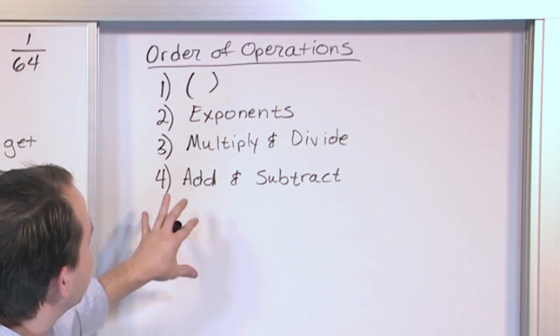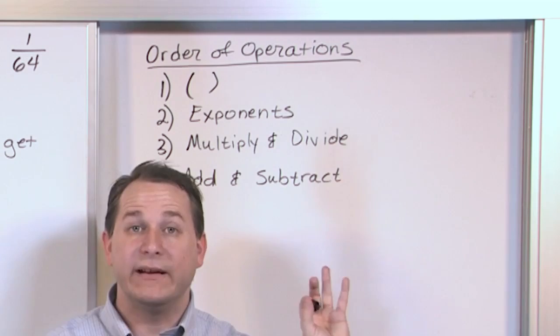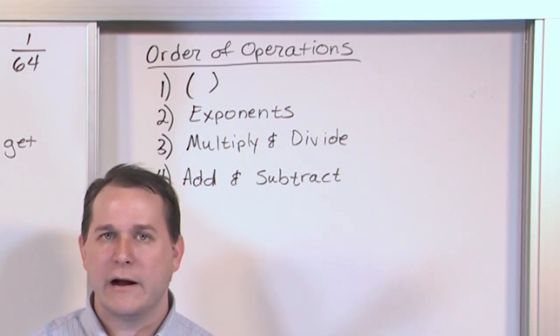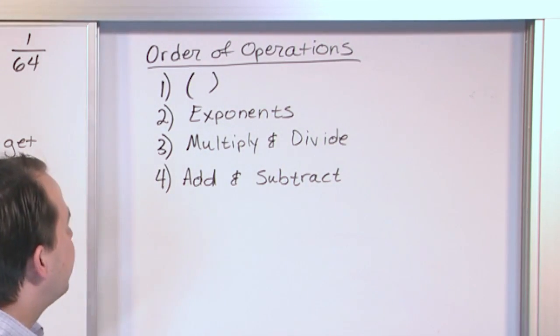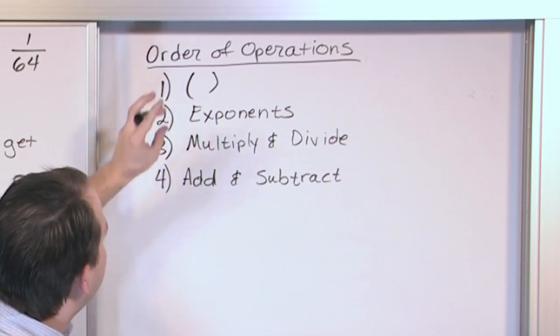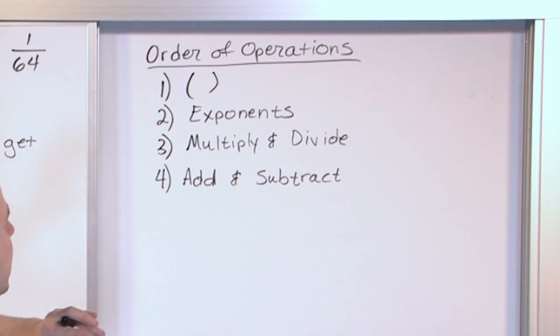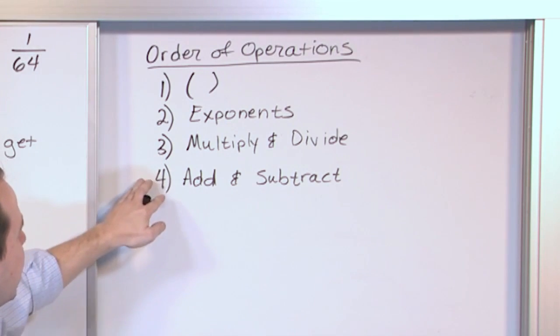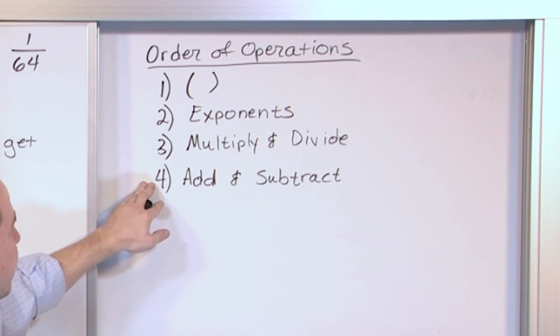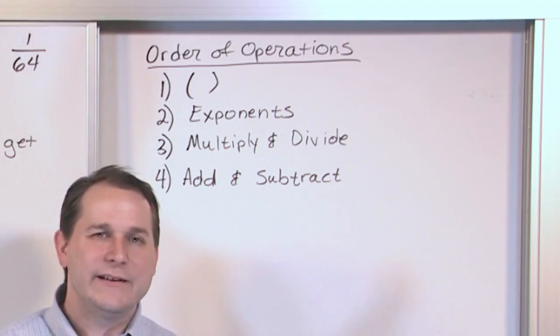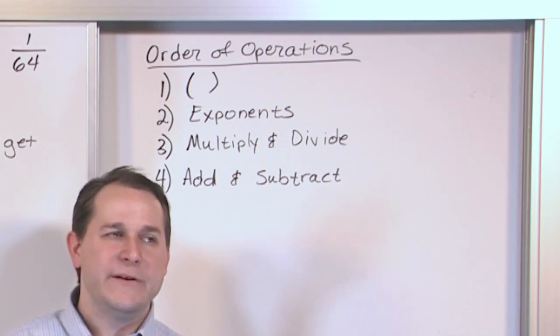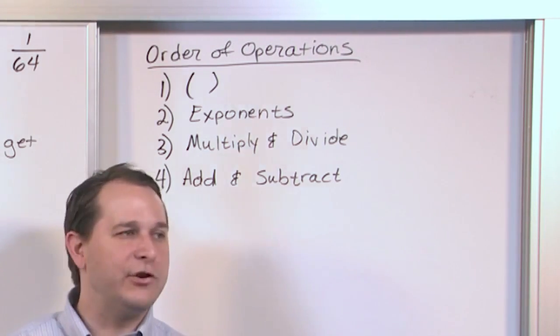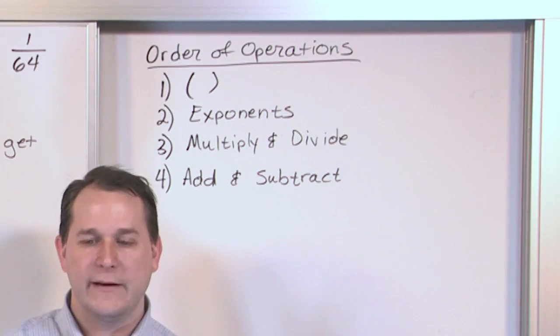I'm going to drill in how to do this for you with examples so you won't actually have to memorize the list. But hopefully you've memorized enough to know that the parentheses always come first, the exponents come next, then if you have any multiplication and division, you do them, and then if you have any addition and subtraction, you do those dead last. You might think addition and subtraction are so important, but in fact they come dead last. Never do any addition and subtraction until you've done everything else.